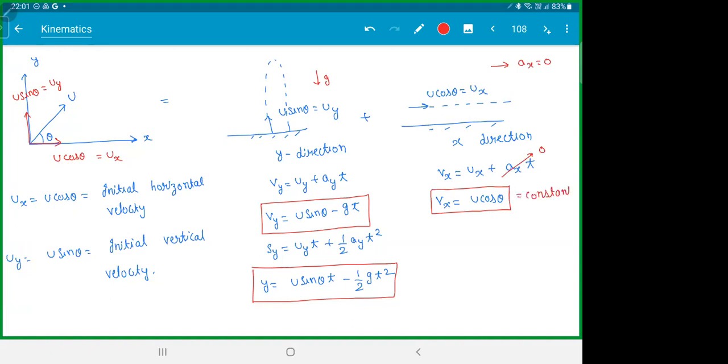It does not change with time. Similarly, Sx is ux into t. The reason I'm writing ax now, right now it is 0, but later it won't be 0. Later on, we'll do problems saying there is a wind and everything. This will give you the x coordinate, which is u cos theta into t. So this gives you everything in the x direction, and the vertical part gives you everything in the y direction.